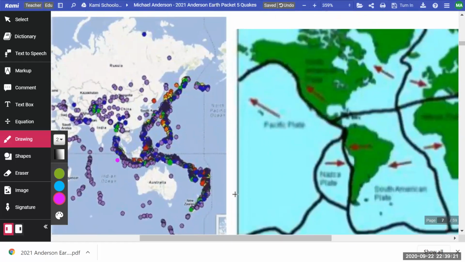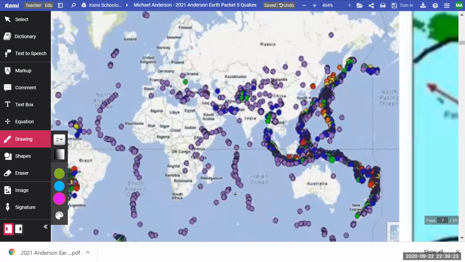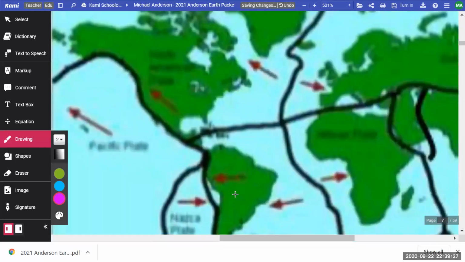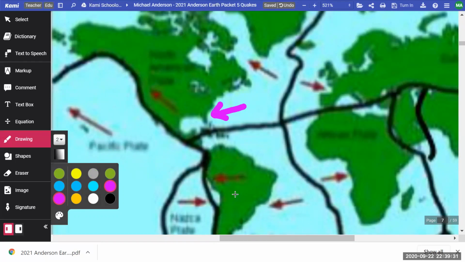Well, if we look at these maps, Orlando, Florida is going to be right about there. Oslo, Norway is right about there.